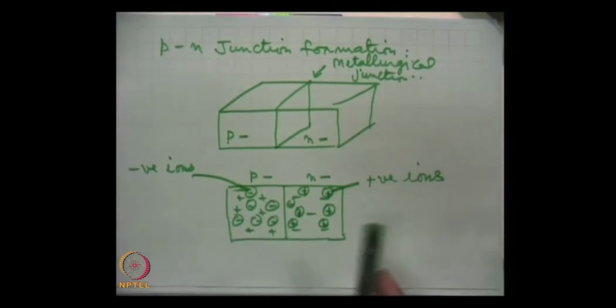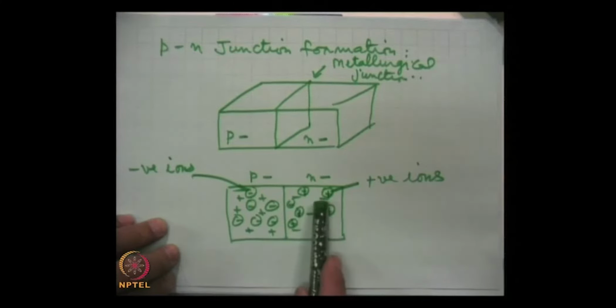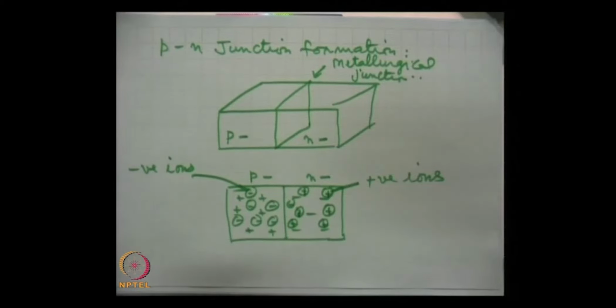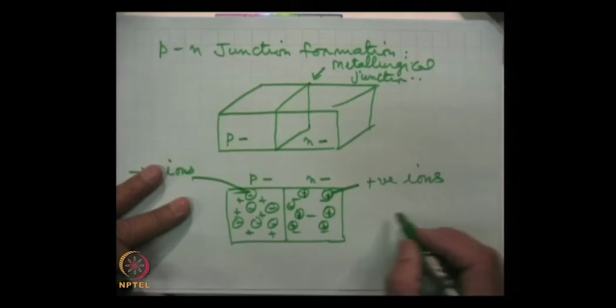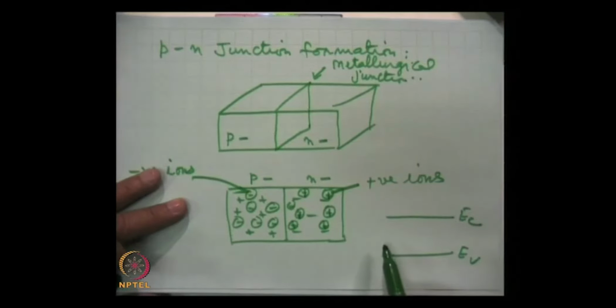What will happen when holes diffuse from here and electrons diffuse from here? They both are free. When they meet, they recombine, and in recombination what happens? If this is the conduction band edge, this is the valence band edge.